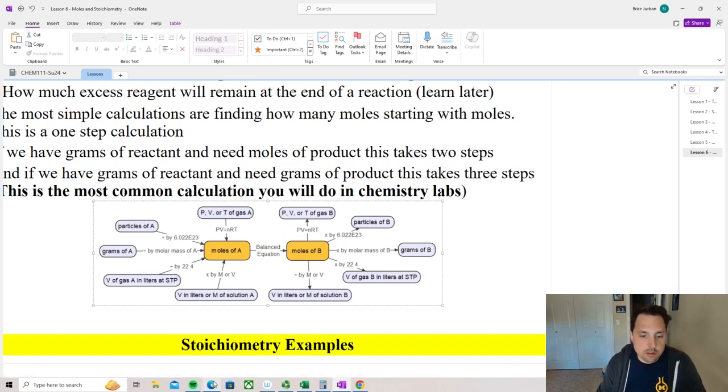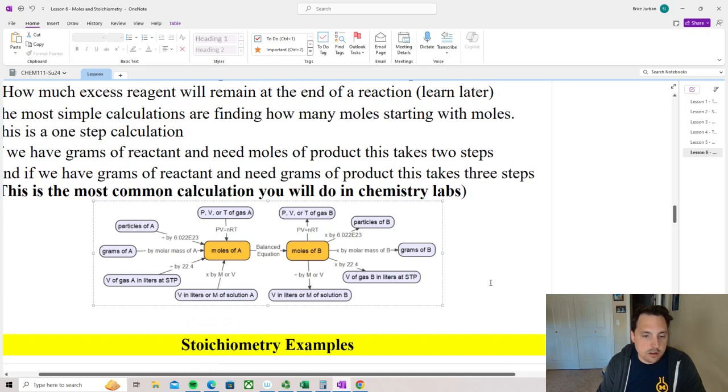Feel free to print one of these off. It's under the handouts on our modules page. And it shows you the steps that are needed to go from any amount in mass, particles, or volume, or even a pressure or temperature of a gas to a different compound.